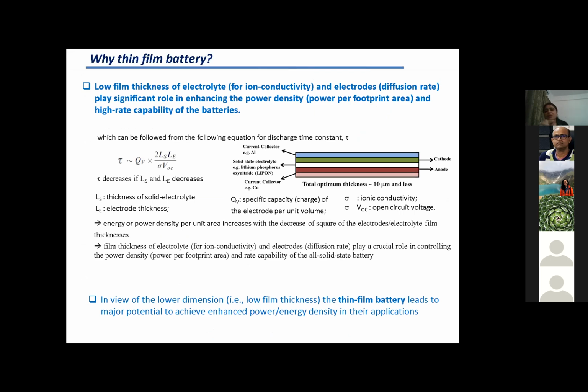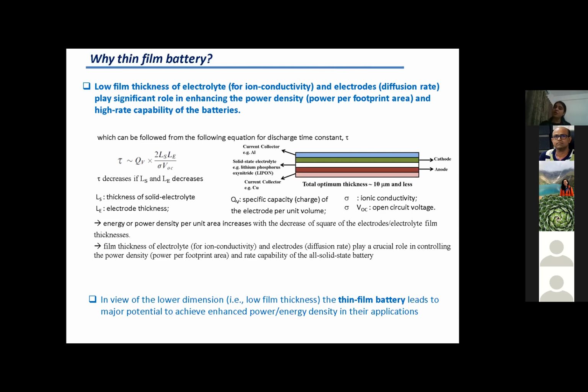I'm not going into the thorough calculation; it is not a brief thing. I just wanted to mention the point of the thin film, because I have talked about the aluminium-ion battery and the thin film battery. Why are we talking about thin film batteries? A low film thickness of the electrolyte helps you get better ion conductivity, and a low film thickness in the electrodes gives a better diffusion rate, which plays a significant role in enhancing the power density and high rate capability of the battery.